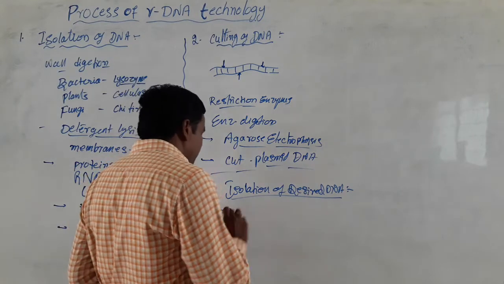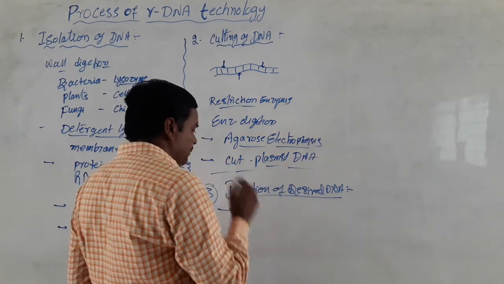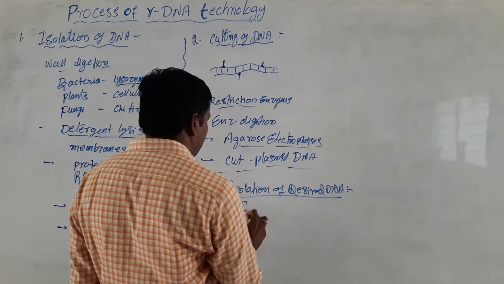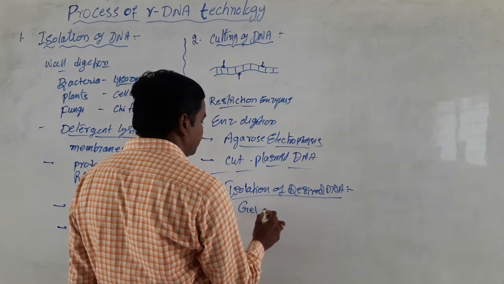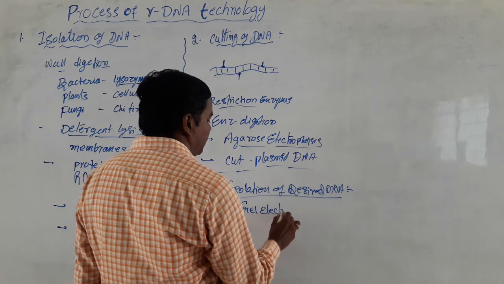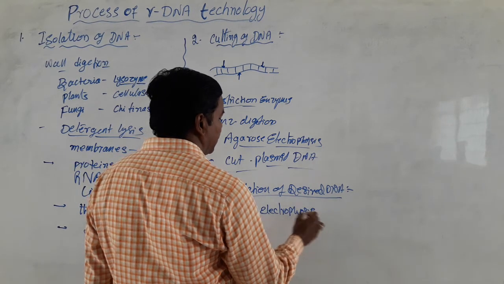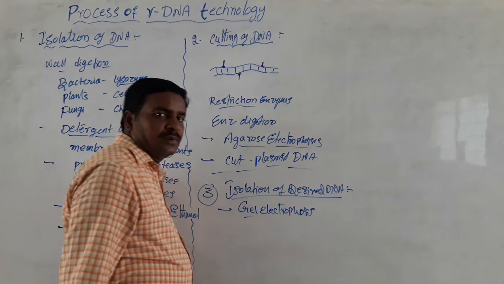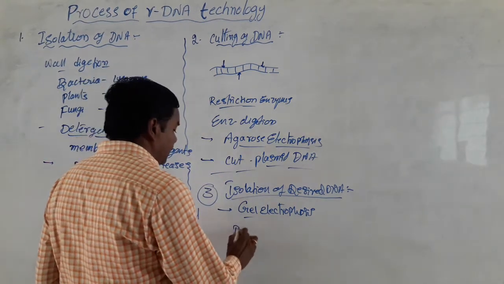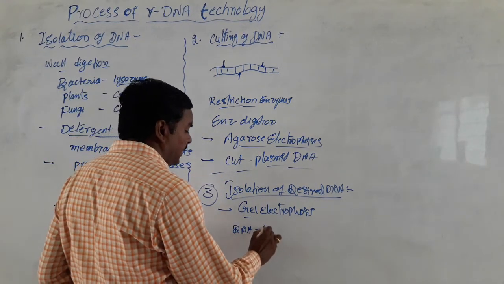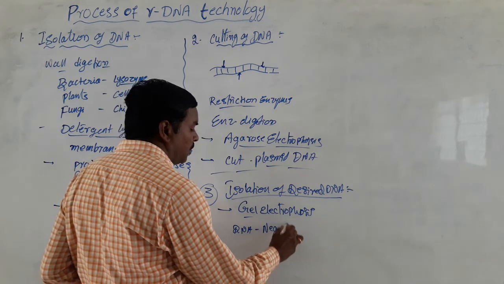This separation of DNA fragments can be done by using gel electrophoresis, with anode and cathode. Generally, DNA is a negatively charged particle.